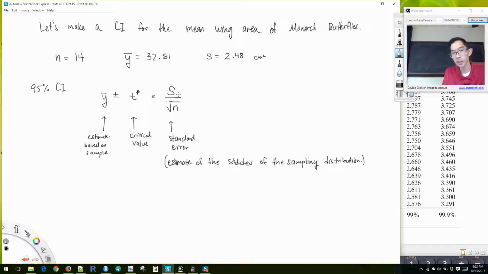Keep in mind that the sampling distribution has a standard deviation of sigma over the square root of n, and s over the square root of n serves as our estimate of that.